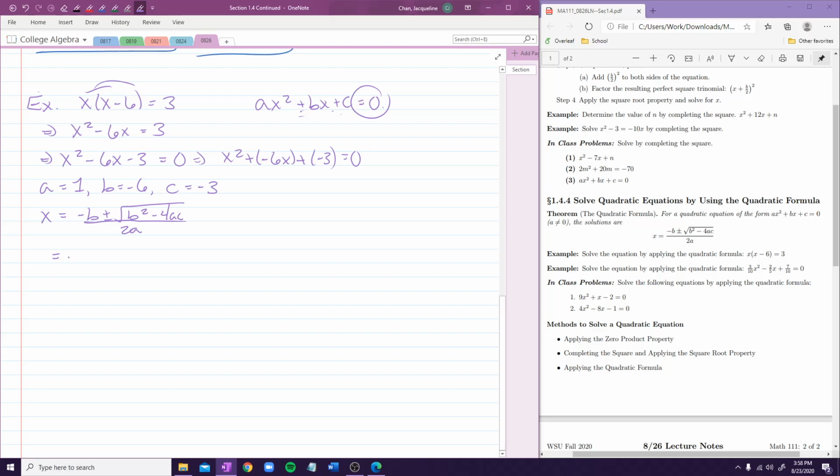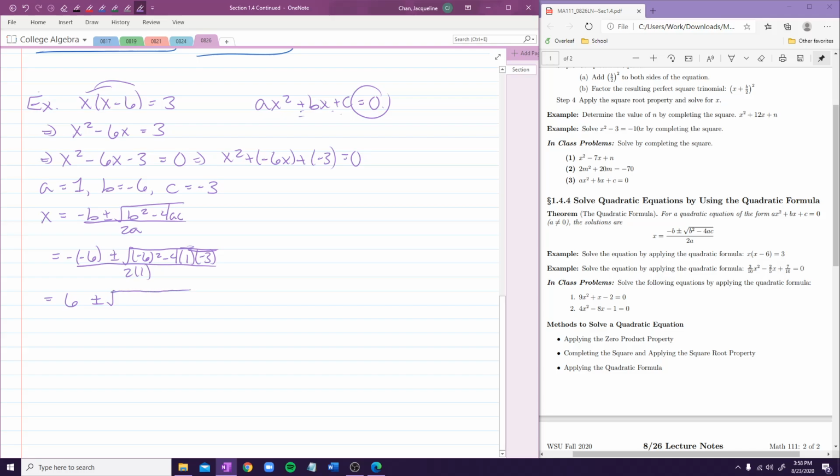What is b? B is negative 6. This is plus or minus the square root of b squared, so negative 6 quantity squared, minus 4ac. I'm going to make sure everything is under my square root. This is all over 2 times 1. So it's negative times a negative 6, that's negative 1 times negative 6, which is positive 6, plus or minus.